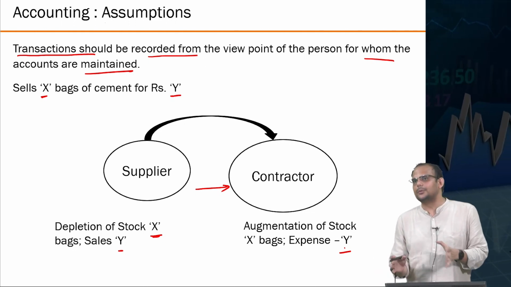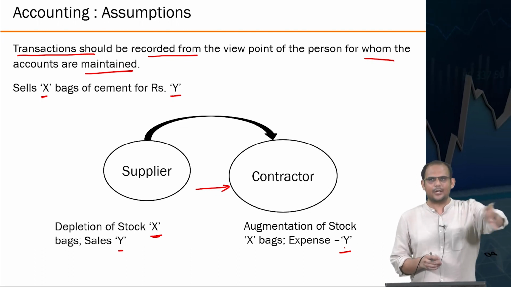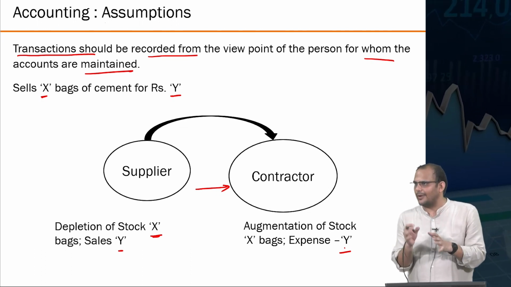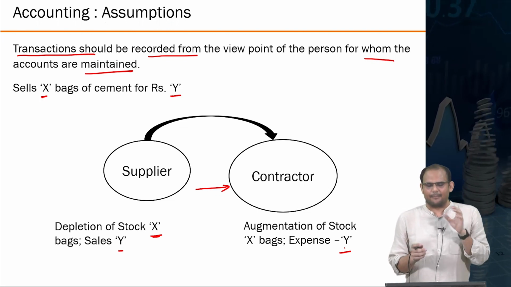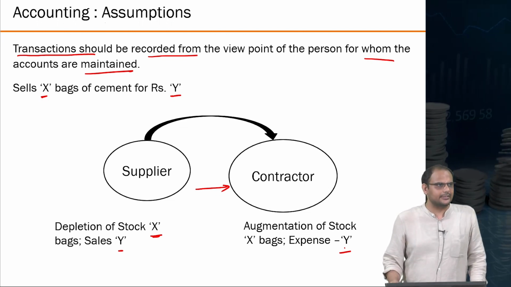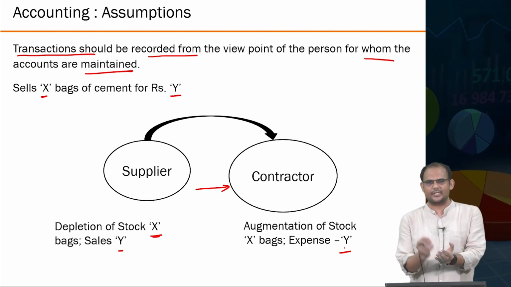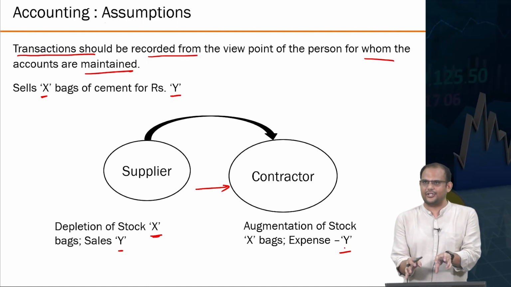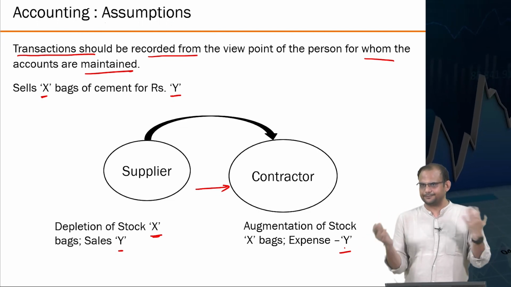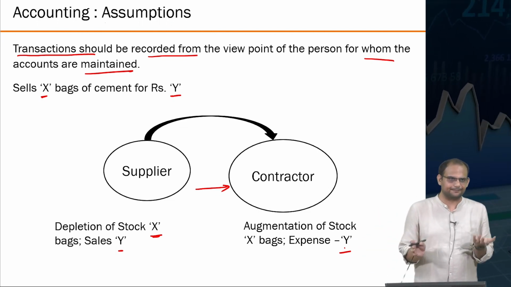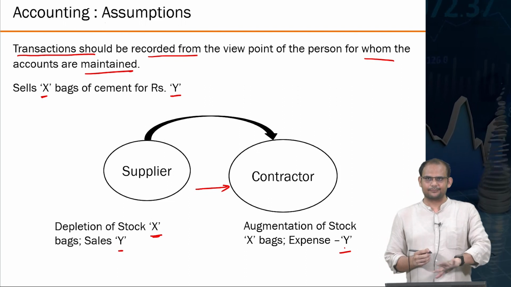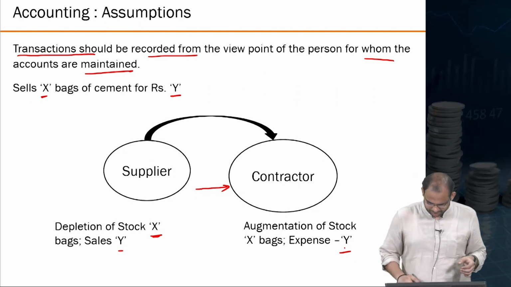Ultimately, we never do transactions in terms of other quantities. Everything is in the money equivalent. So depending upon whether you are making accounts for supplier versus contractor, the same transaction will be reported differently. That's what I mean to say. Clear? This part is okay. We have done this before as well.